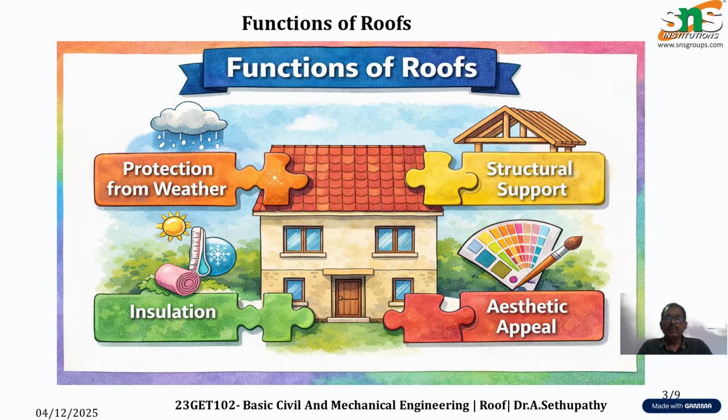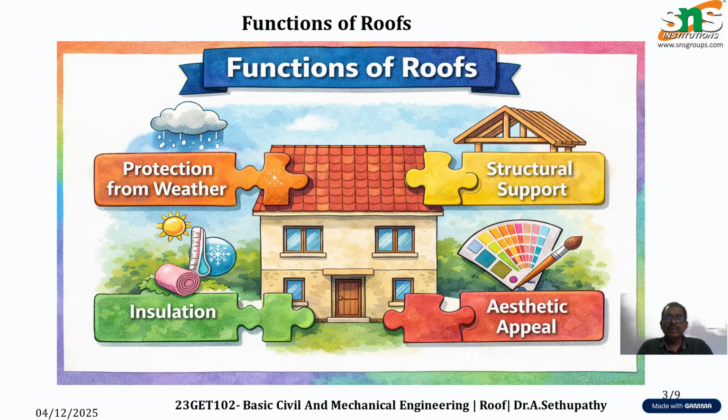If the structural supports are not covered with roof material, they will be affected by rain, sunlight and wind. In a few days they will corrode and get damaged, and the support material will break. So the roof material is very important to protect the structural supports.